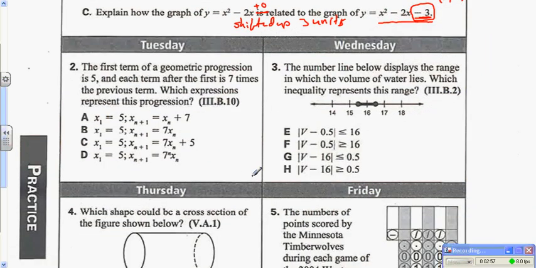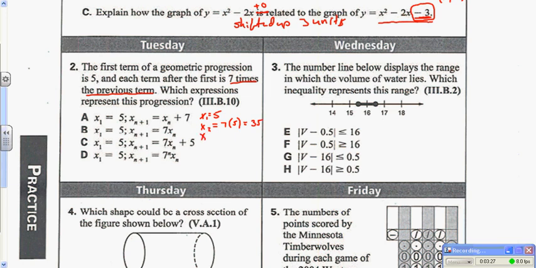Number 2. The first term of a geometric progression is 5. This is considered x sub 1. And each term after the first is 7 times the previous. So if I wanted to find the second term, I would take 7 times 5, 7 times the previous number, which would give us 35.